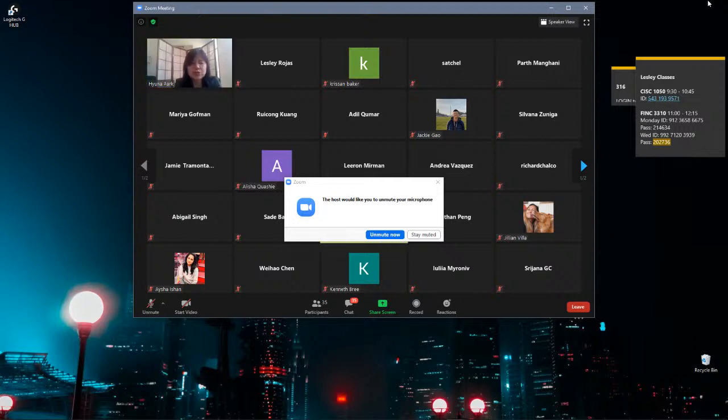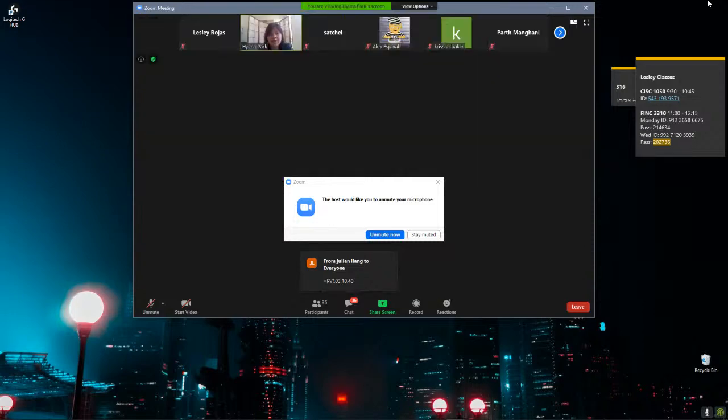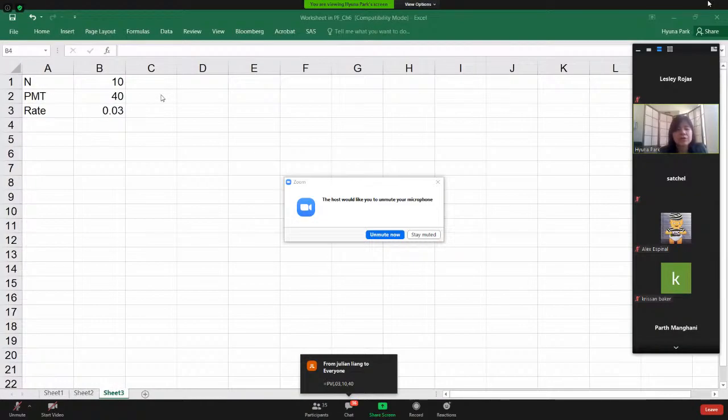Can I see the screen? I don't see it. Oh, you don't see that? Oh, yeah, sorry, I'll share. Share screen, Excel, share. Can you see it now? Yeah, we see it. Okay, good. Thank you, Liana.